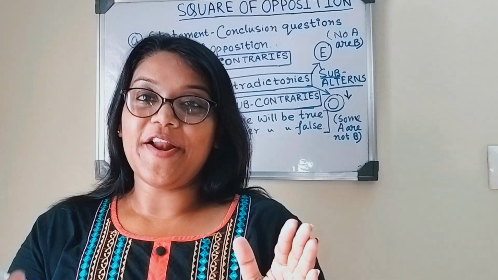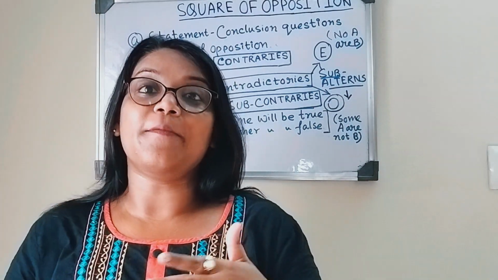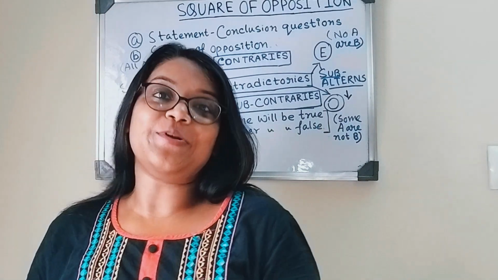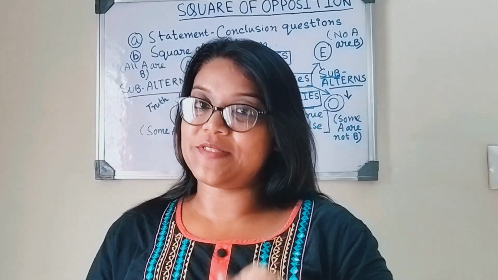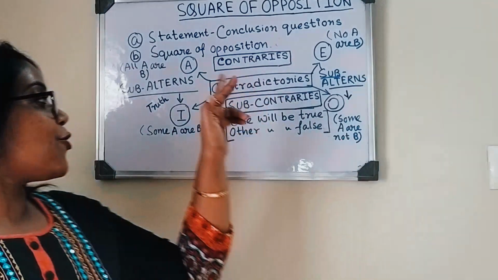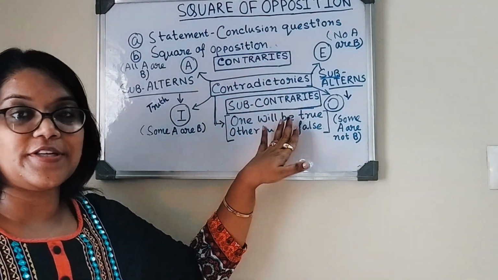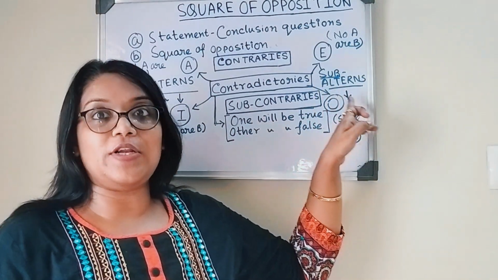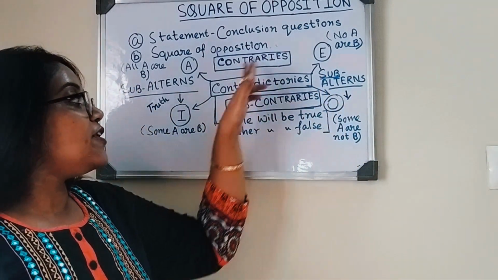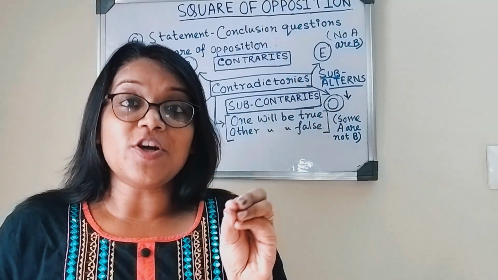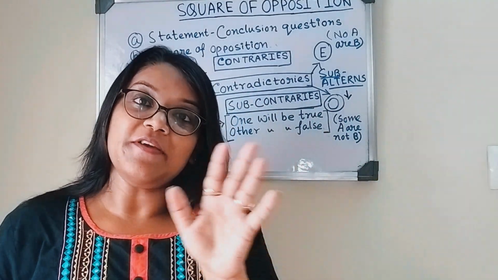So I think the square of opposition, the four combinations of the statement, is already clear. We have already told there are four combinations of statement. The first one is contradictories, the second one is contraries, the third one is subcontraries, and the last one is subalterns. So basically contradictories indicates both statements cannot be true together and cannot be false together.